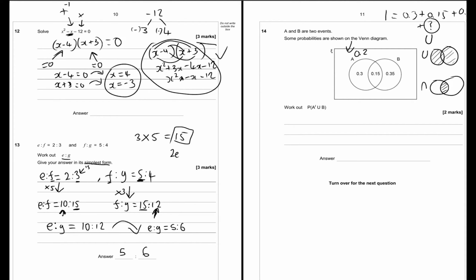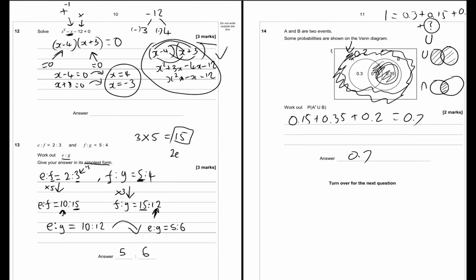Not A is going to be all of this area here, all of this bit on the outside, and B is just this bit here. So we're going to add them: 0.15 plus 0.35 plus 0.2 equals 0.7. And that's your answer. Done.